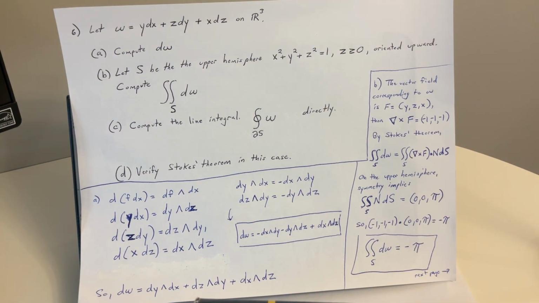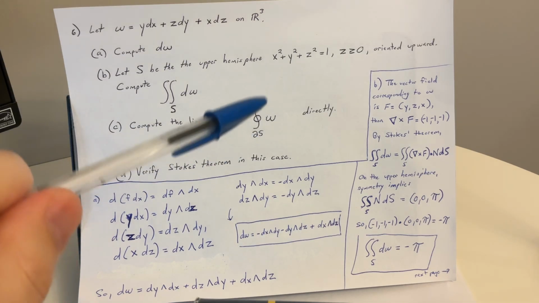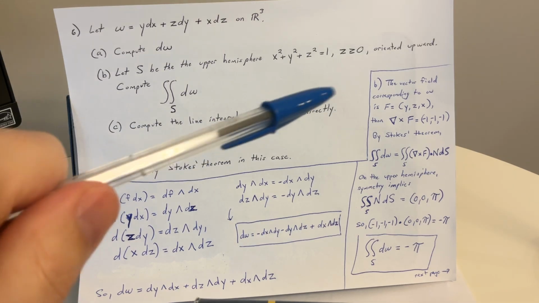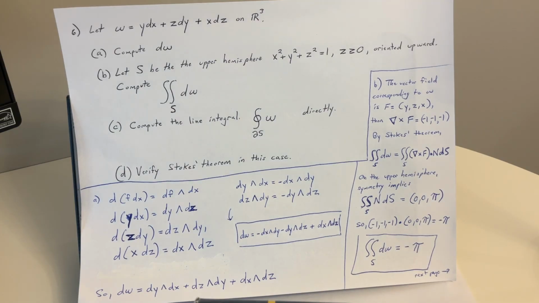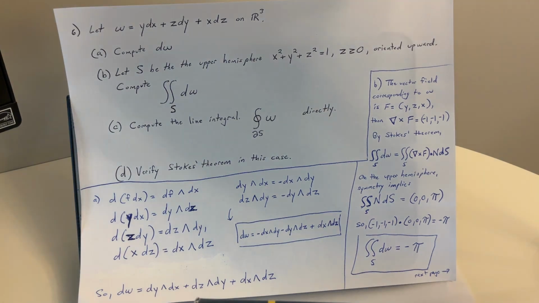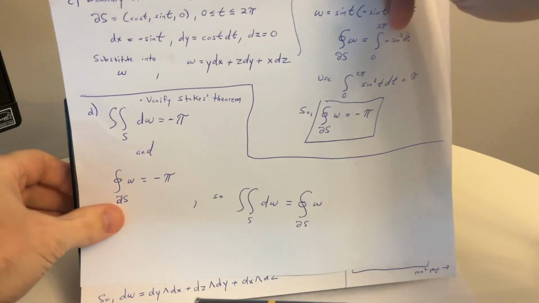All right. And now we want to compute the line integral of w directly for number 6. Okay, so that's computing the line integral.